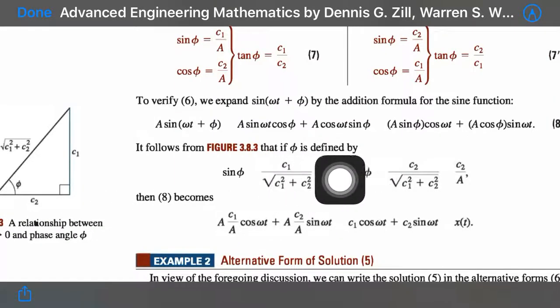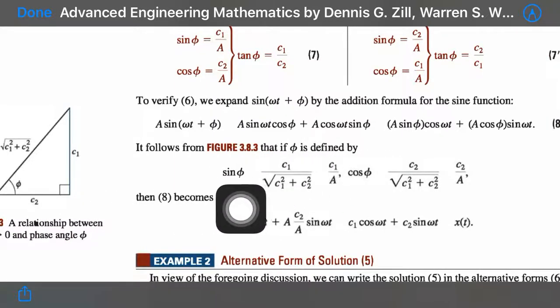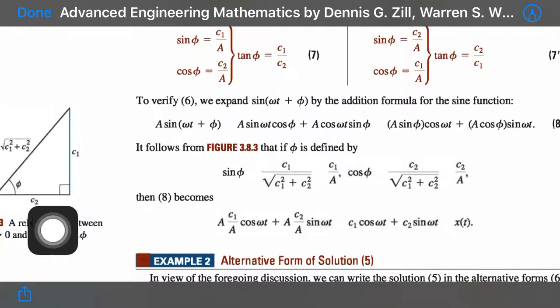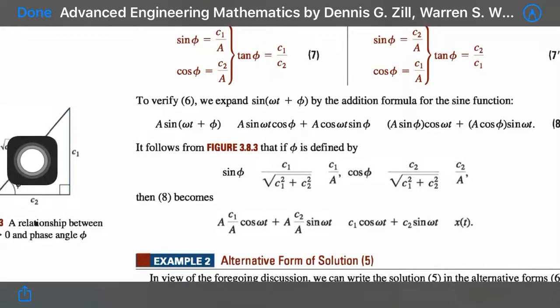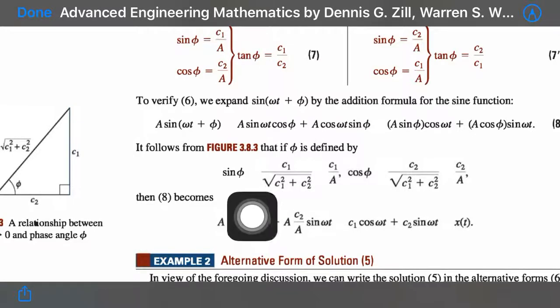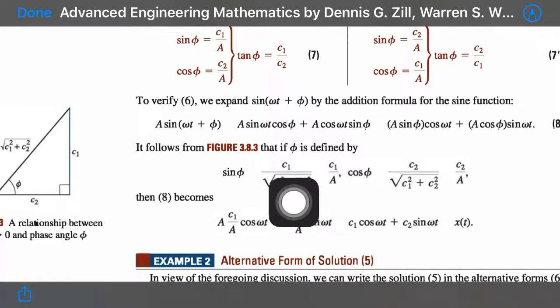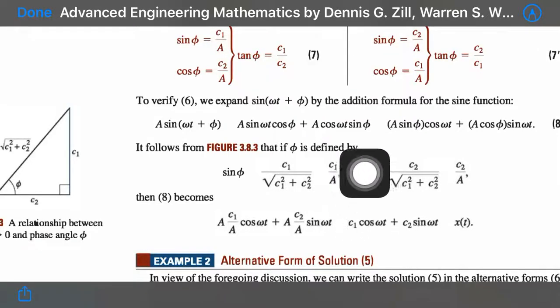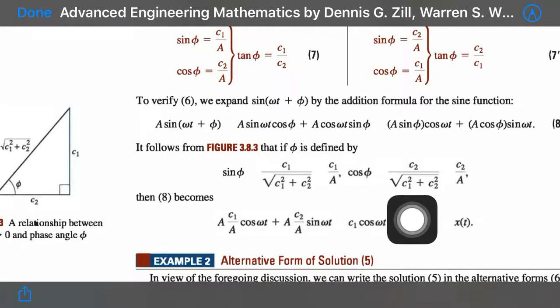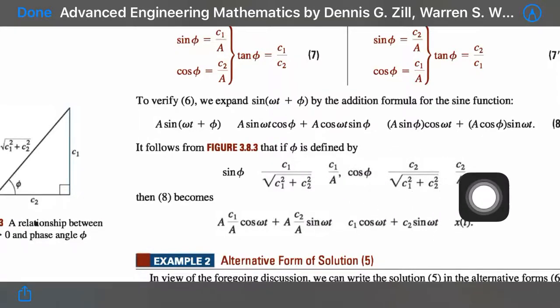So if phi is defined such that sine phi, which is perpendicular over hypotenuse, equals C1 over under root c1 square plus c2 square, which is c1 over a, and cos phi, which is base over hypotenuse, equals c2 over under root c1 square plus c2 square, so cos phi equals c2 over a.